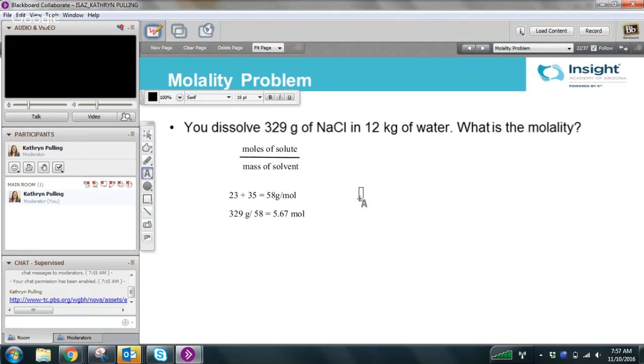Now I can finally plug this in. I have my moles of solute, that's this 5.67, in kilograms of the solvent. So this is going to look like 5.67 moles over 12 kilograms.